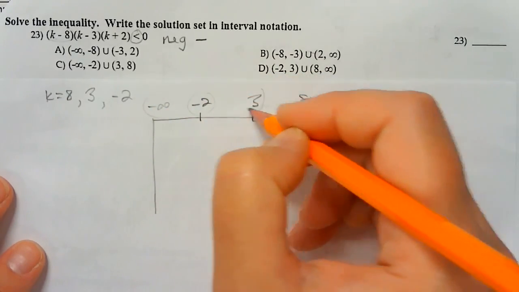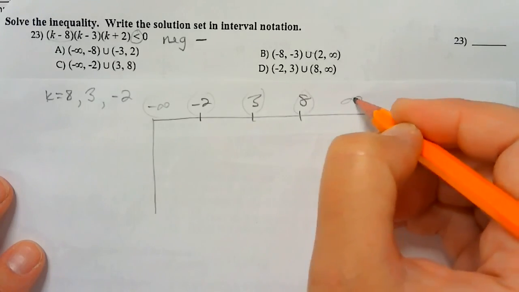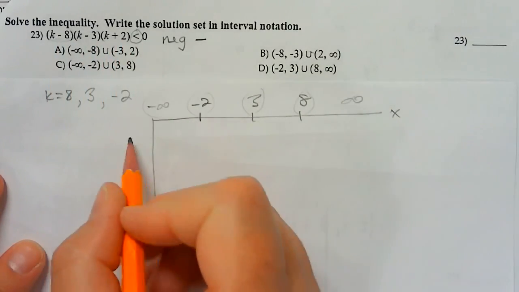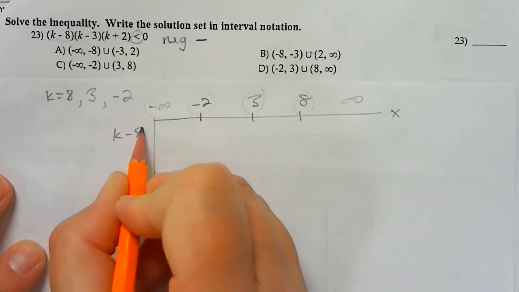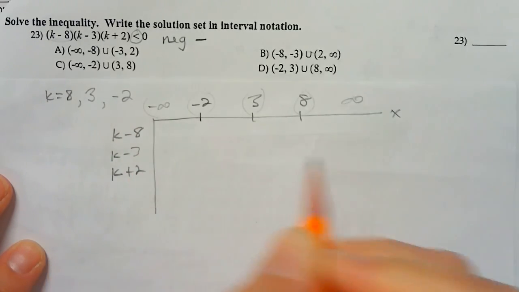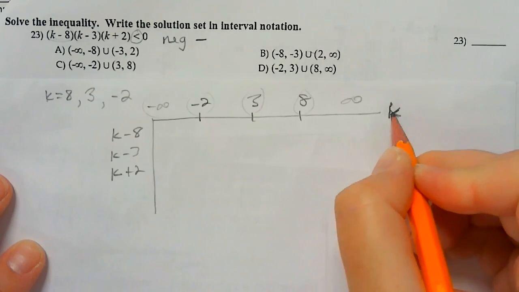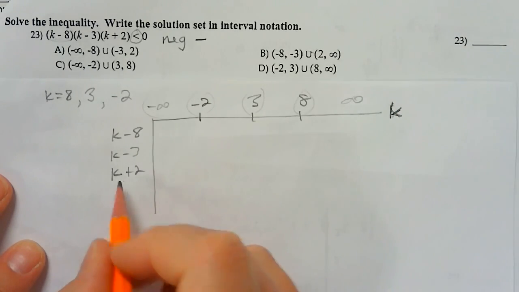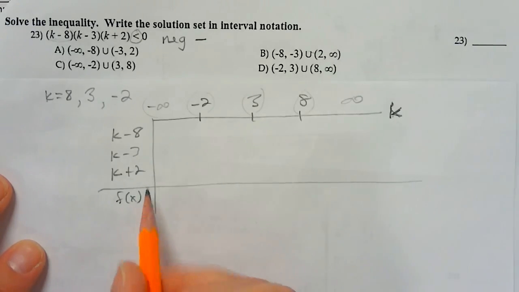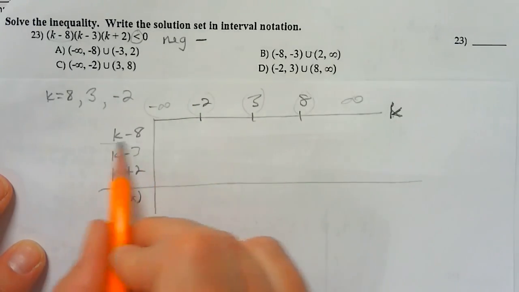Or -2 to 3, or 3 to 8, or 8 to infinity. So I'm going to test all of these, k minus 8, k minus 3, k plus 2. This is actually our k-axis, I should have said. And then f of x, which is the whole thing. And that's where I'm going to really look for, am I negative altogether?